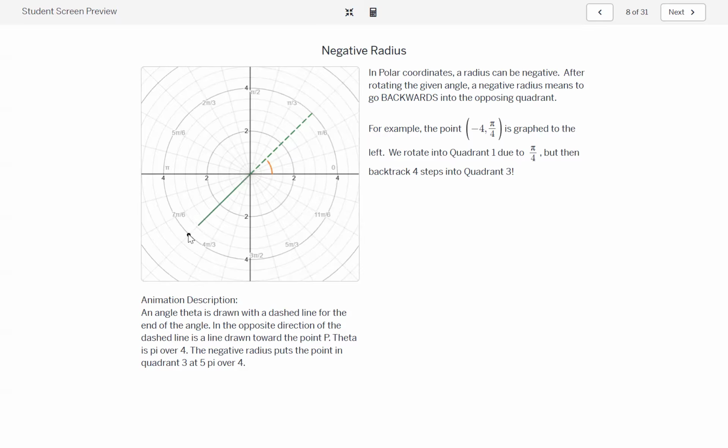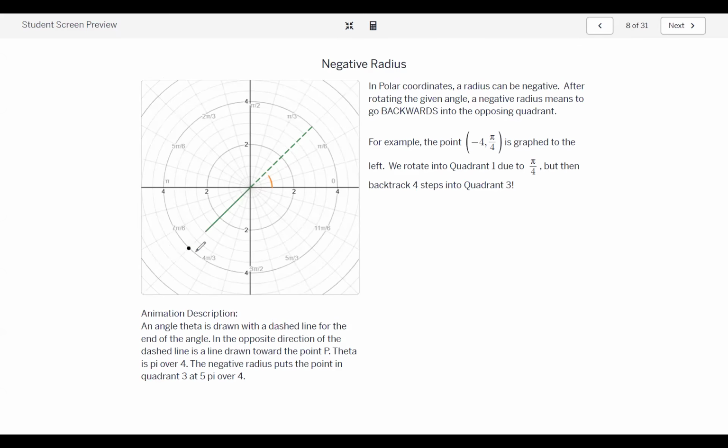So right now we're seeing this point, -4 comma pi over 4, is in quadrant 3. But if I wanted to know what's the coordinate to get to that point with a positive radius, I have my original angle of pi over 4, and then to that I'd add pi.